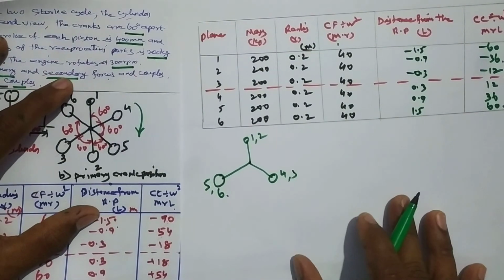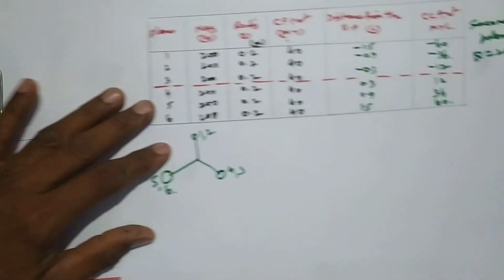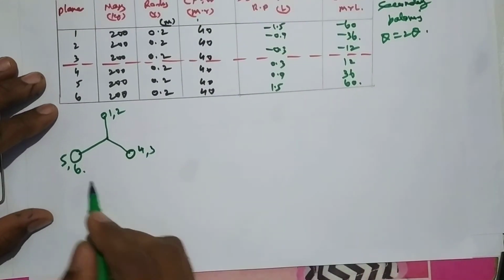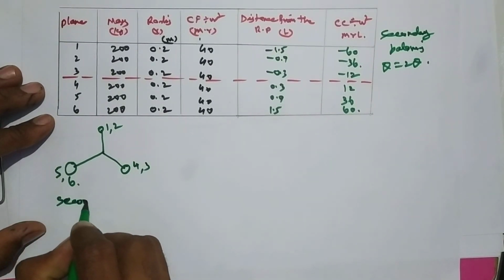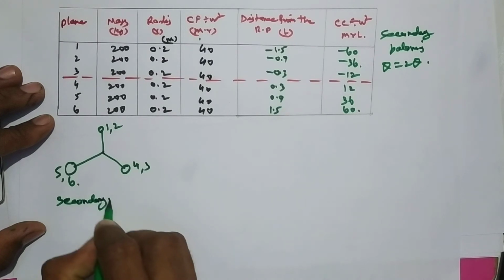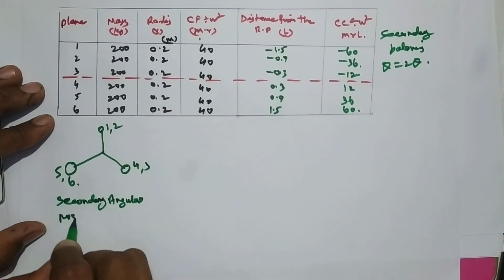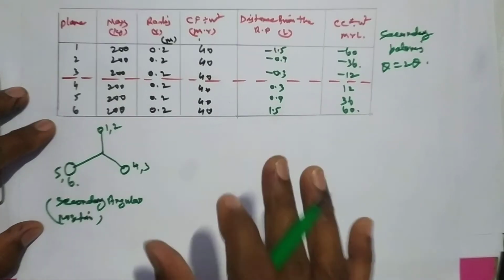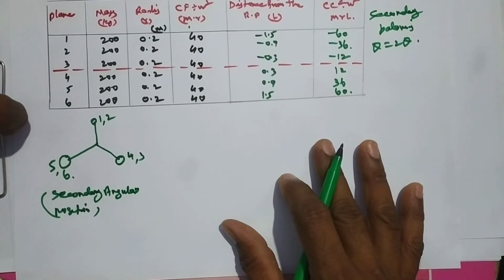So this is the secondary angular position diagram of the six cylinder inline engine. So from this secondary angular position, you should draw the force polygon and the couple polygon, right?